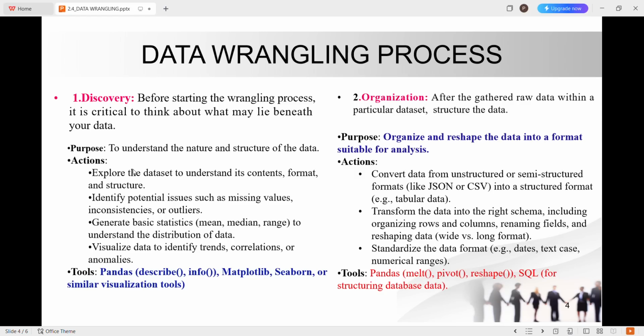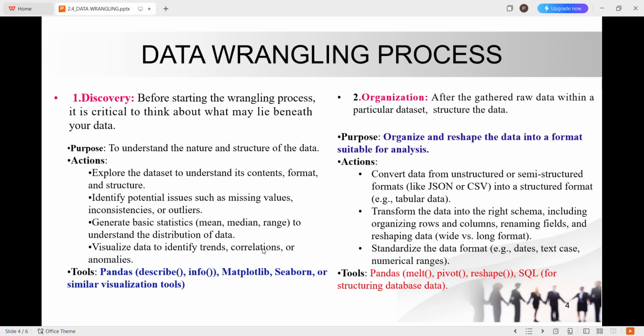Once you have identified the potential challenges, you can use statistical measures like mean, median or range to understand the distribution of your data. Also, you can visualize your data to identify trends and correlations between the data, or to check whether there are any anomalies.